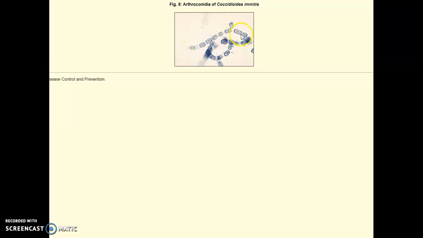So what you're seeing here would be a hypha, and you see that it's fragmenting and pieces are breaking off of it. So it doesn't necessarily have the spores that we saw with Penicillium and Rhizopus. The hypha itself is just going to fragment, and each one of those pieces is going to serve as a reproductive structure.